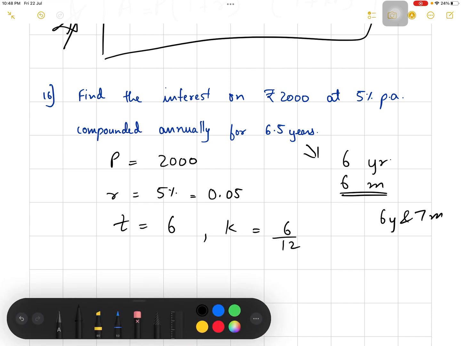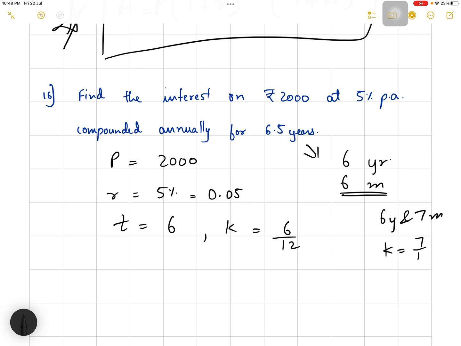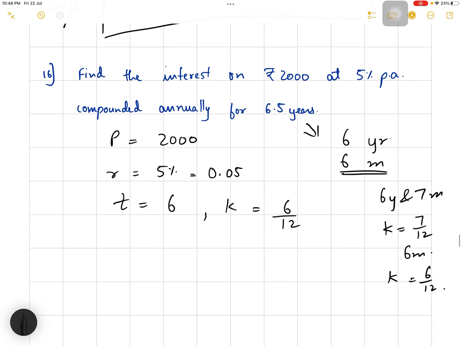If it is 7 months, that means k will be 7 by 12. If it is 6 months, k will be 6 by 12. If it's given 8 months, k will be 8 by 12.